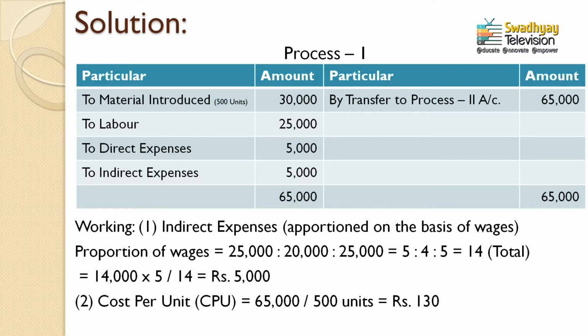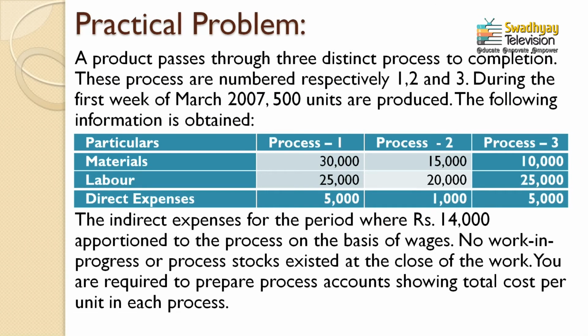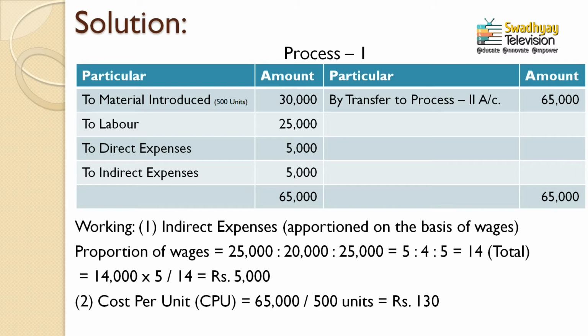So, material introduced for 500 units is 30,000. Then the labor cost given in the question is 25,000 rupees, and direct expenses 5,000. So, all these three expenses are already given here. In the process account, 30,000, 25,000 and 5,000 for the three elements of cost are clearly written on the debit side, because these three are expenses, and they are recorded as per the question, right.